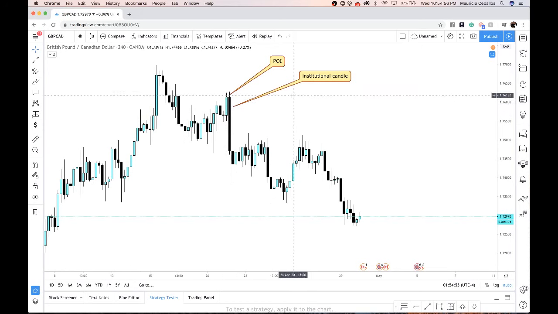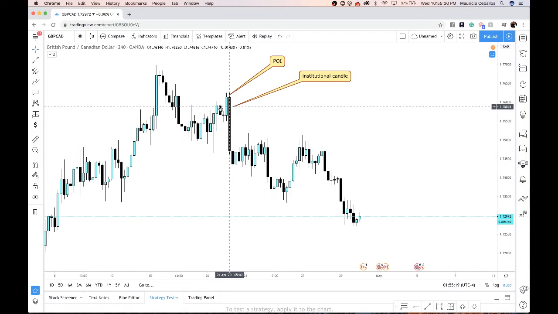This candle has very good bullish volume, and the second one, a fast, rapid move to the downside, helps us understand that this is a potential institutional candle, and that's what I want to pay attention to.